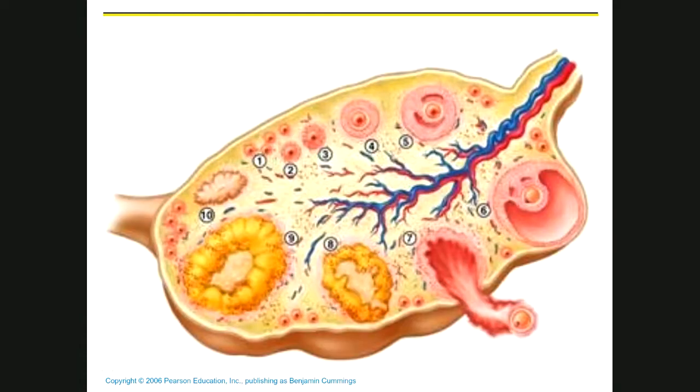So again, right here, GnRH, which is going to cause the release of FSH and LH. FSH is going to cause the follicles to grow. LH is going to cause the follicles to make estrogen.